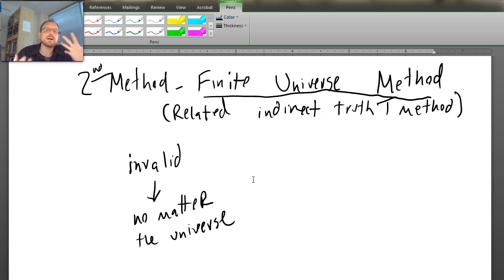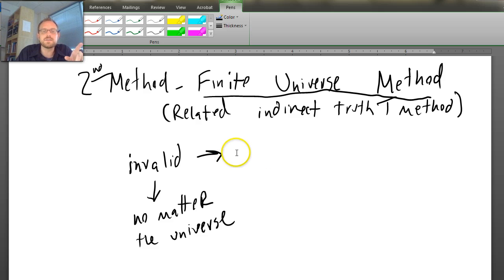So we need to establish a method that looks at shrinking down the universe in order to make the problem manageable. Because the ultimate idea here is that an argument is invalid no matter what changes in the universe and no matter what names we give any of these variables.